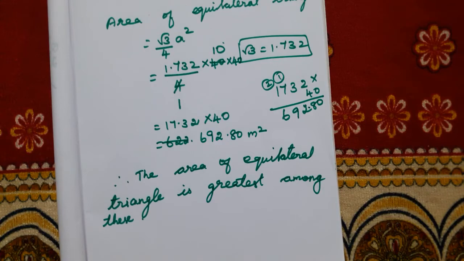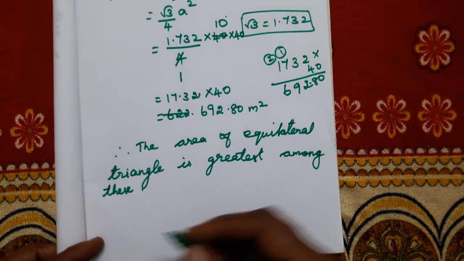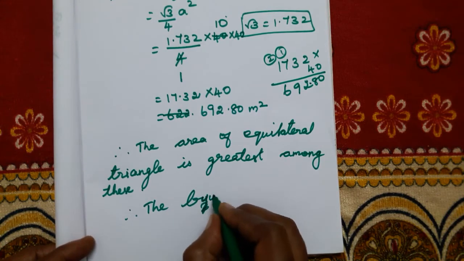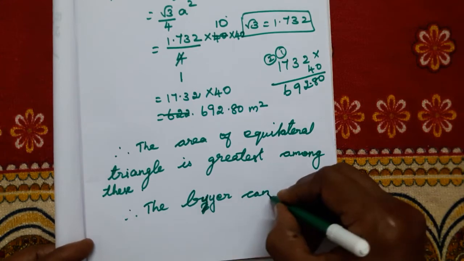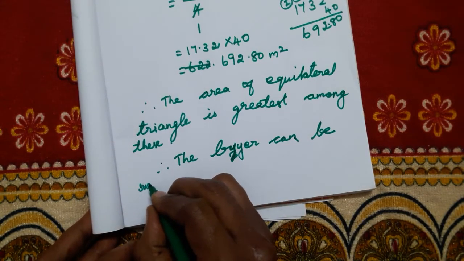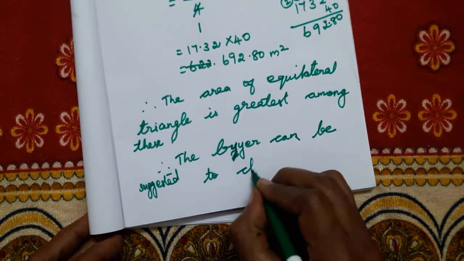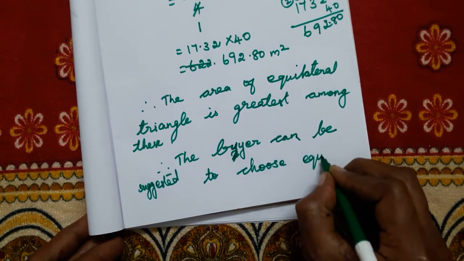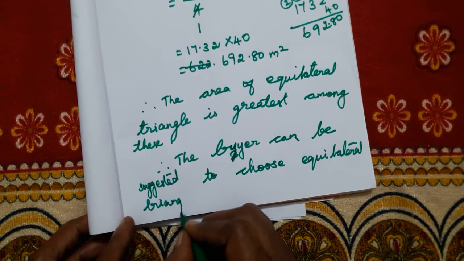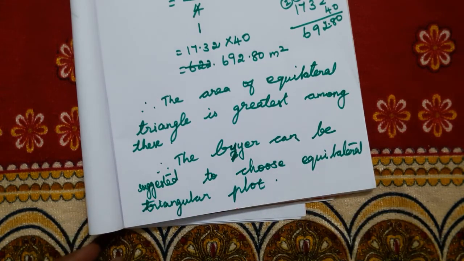Therefore, the buyer can be suggested to choose this equilateral triangular plot. Have you all understood this?